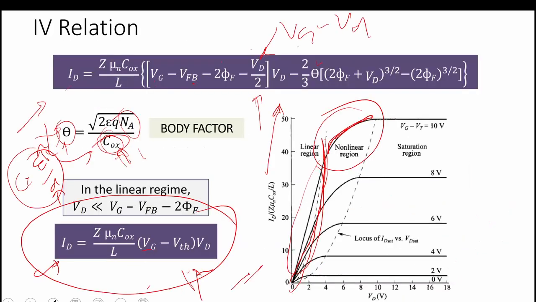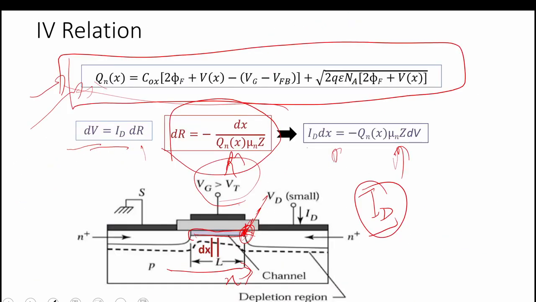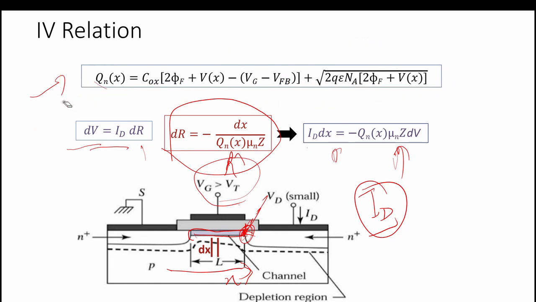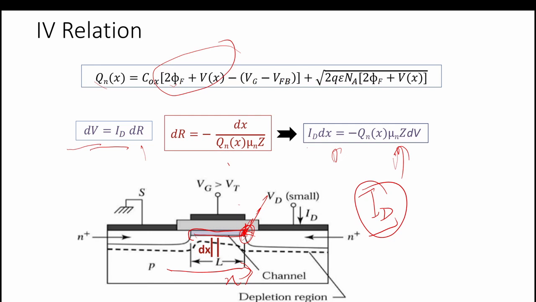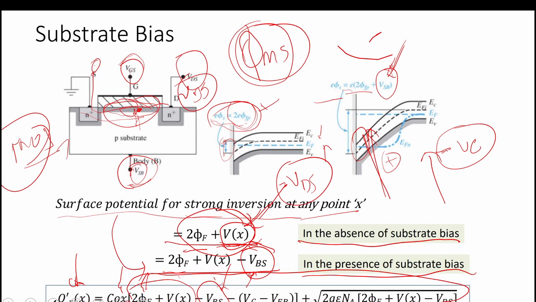Initially the charge Qnx was given at any point by this equation, and now, along with 2 phi f plus Vx, we need to subtract VBS.